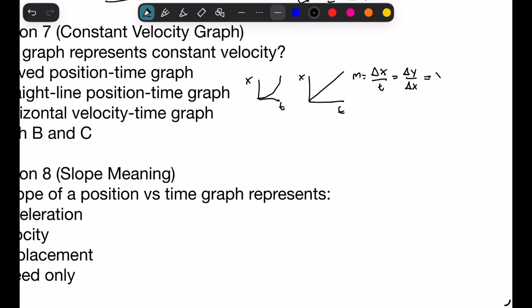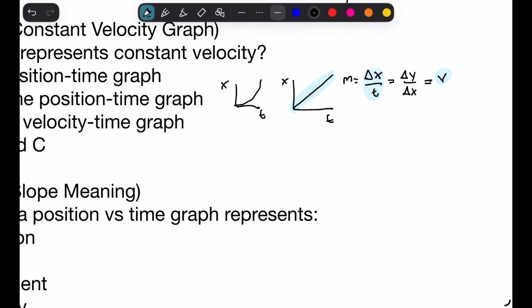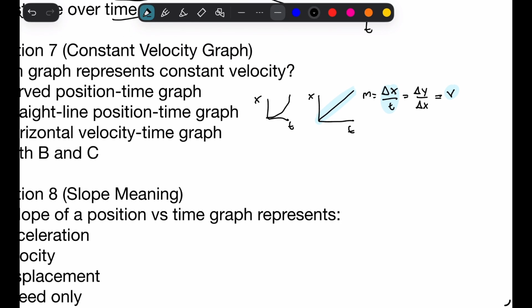So that is going to be equal to v, because this formula, v equals delta x over t, is the general formula that we know is equal to our velocity. So that slope, if it's constant, is going to equal our v.